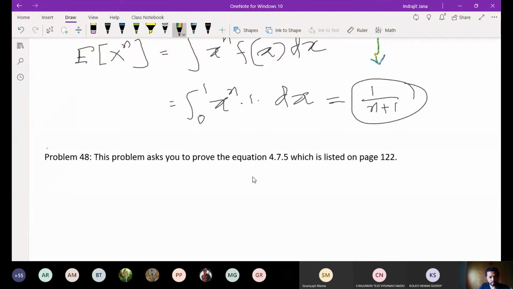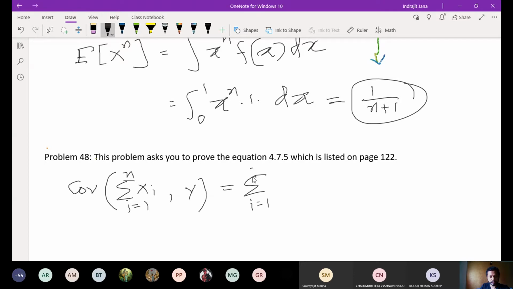It says to prove that covariance of summation X_i, i equal to 1 to n, and Y is equal to summation i equal to 1 to n of covariance of X_i and Y, using induction.